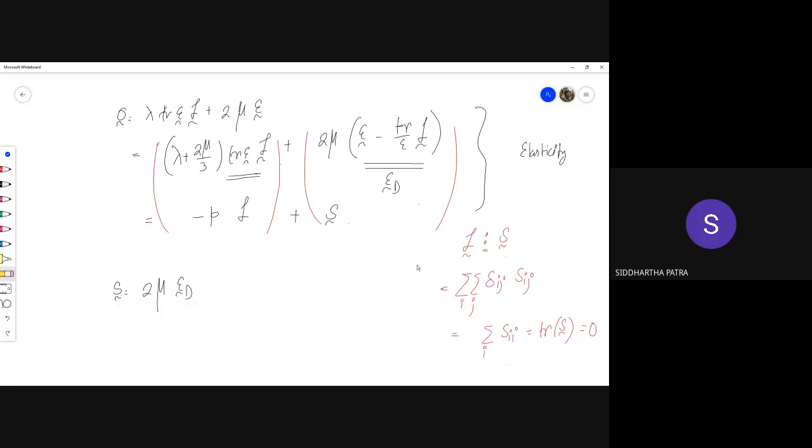Whereas the other part, again, they are also proportional, but for the other part, we realize this.